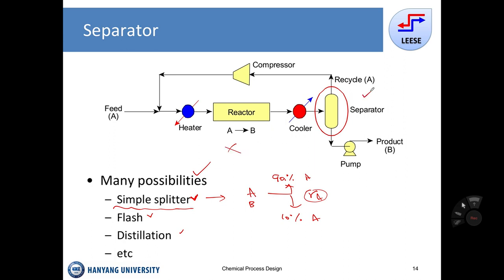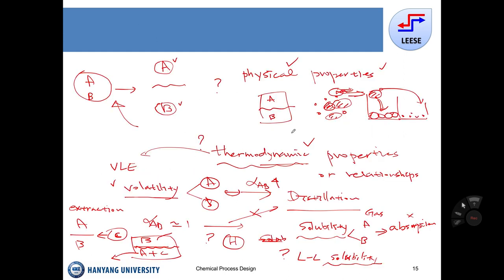But for the separator, we have a large number of possibilities, because we need to check the physical property and thermodynamic property based on the choice of your interest. Then we can apply these separations. Unfortunately, we need to work through a large number of options, then find the best one.